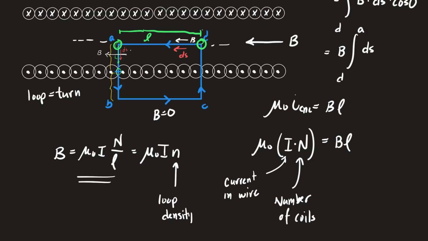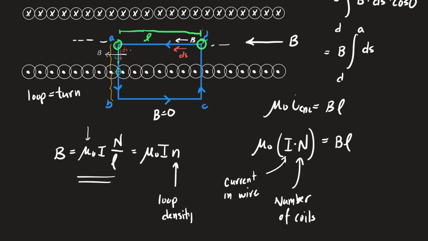Now, one of the things I hope you notice is that loop density plays a massive role in determining the size of the magnetic field. But regardless, mu naught is a very small number, and it's in the numerator. Remember, every time we calculated the electric field, we had epsilon naught, which was also a very small number, but it was always in the denominator, if you'll recall. So it tended to be a thing that increased our number.